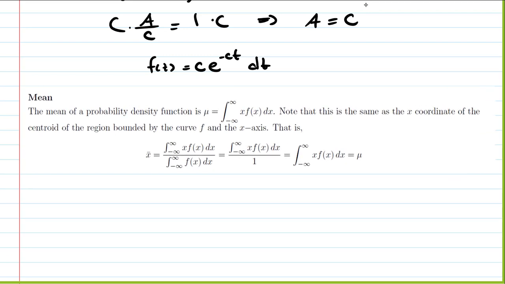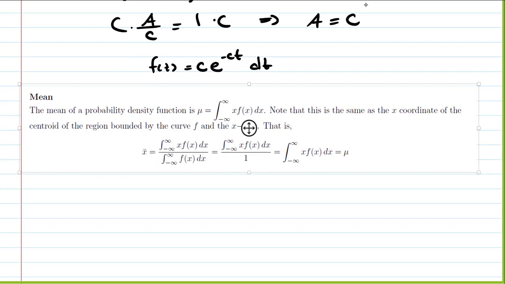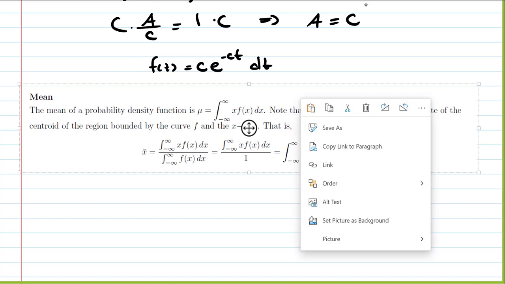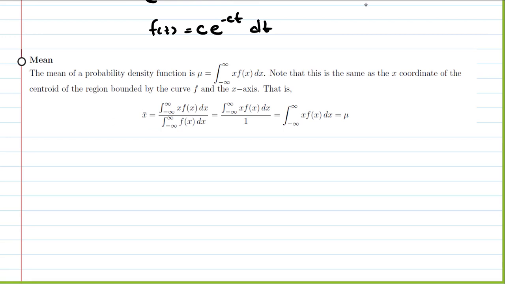So the next thing we want to talk about is the mean, or the average, of the probability density function. So the mean of a probability density function, mu, is equal to the integral over the entire probability space, so from negative infinity to positive infinity, of x times f of x dx.